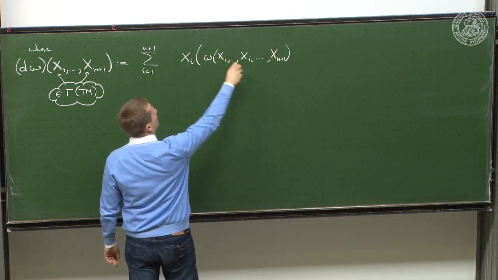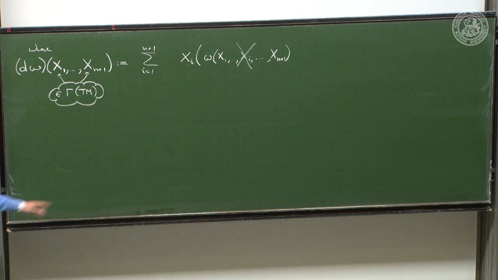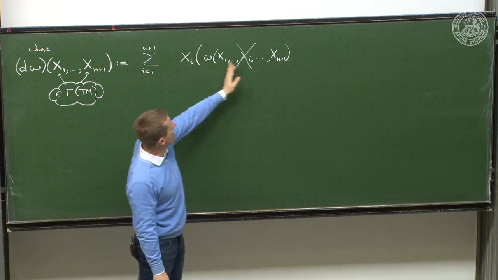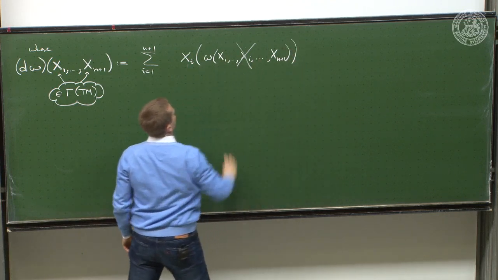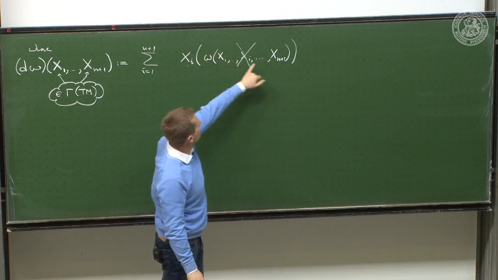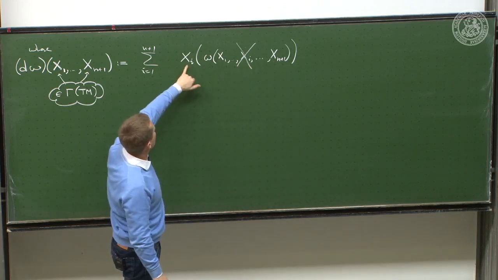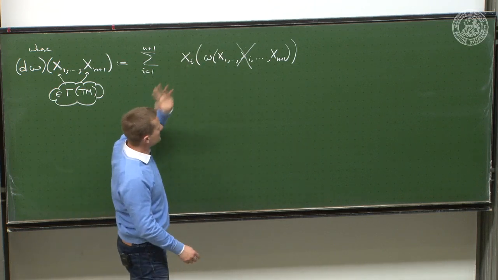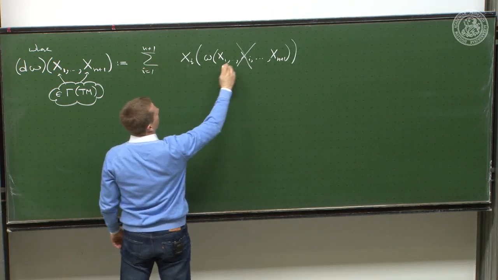So the ith one I let act on it, so I cross out the ith one. That leaves you n in here, and that gives you a function, because this is an n tensor. It eats n vector fields. It's a function, and I act with this vector on the function. That's kind of the directional derivative, and I do this democratically for every entry.